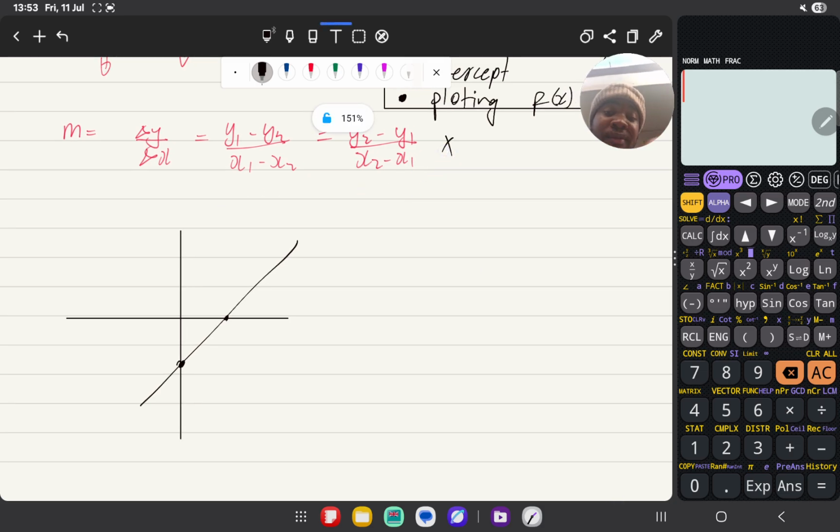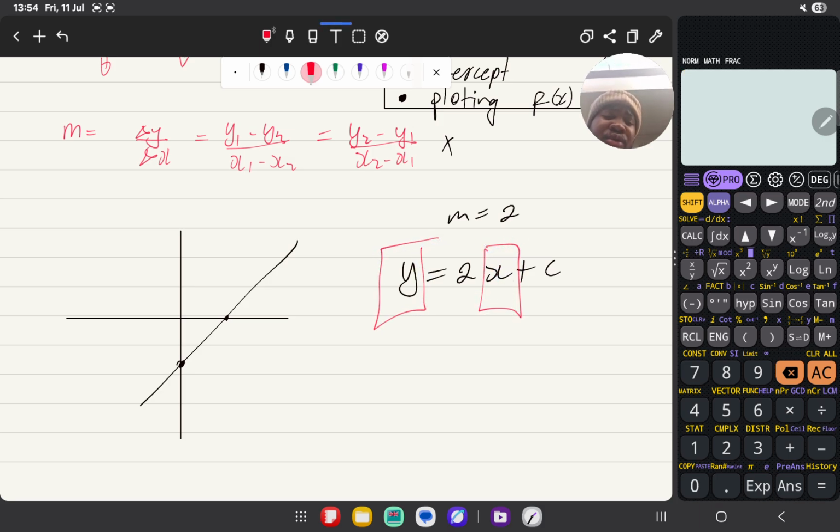After you have your gradient, say m equals 2, since this one is increasing, you will just say y equals mx plus c, so with your m it's y equals 2x plus c, right? And then you go to one of your coordinates and substitute x and y. After substituting x and y, you solve.